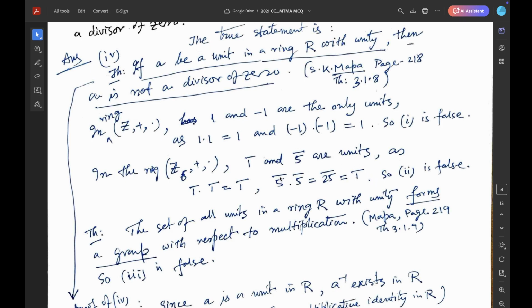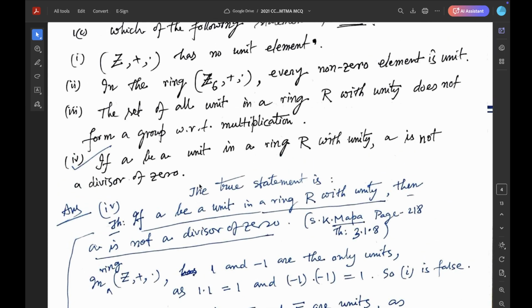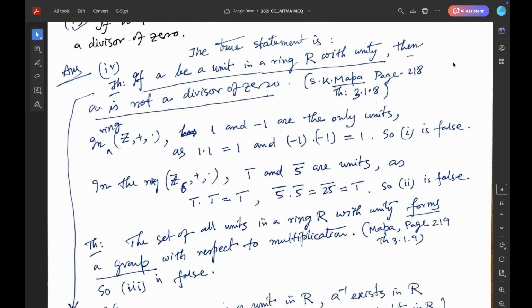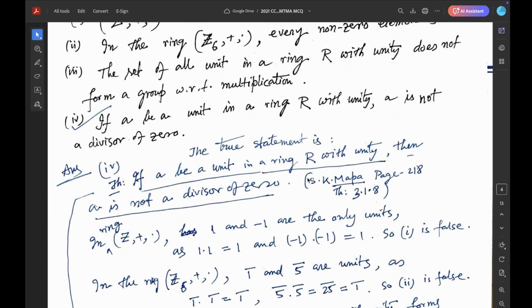So class 5 dot class 5, where dot is multiplication modulo 6, is class 1. So class 1 and class 5 are units in this ring Z6 plus dot. Plus is addition modulo 6 and dot is multiplication modulo 6. So in the ring Z6 plus dot, is every non-zero element a unit? No, there are only 2 units, class 1 and class 5. So option 2 is also false.